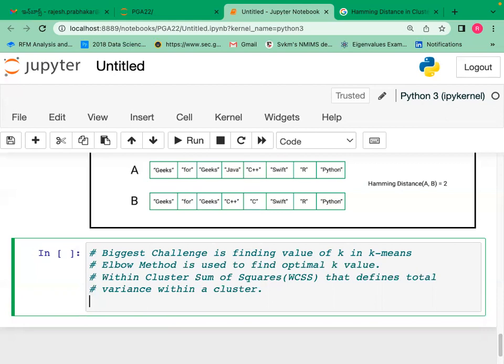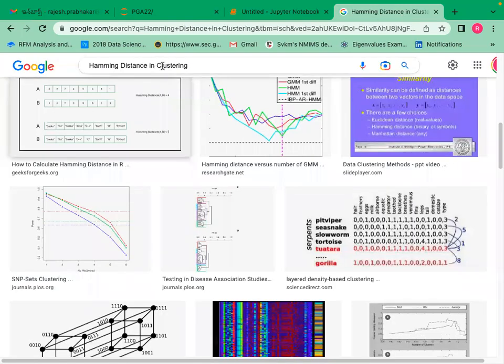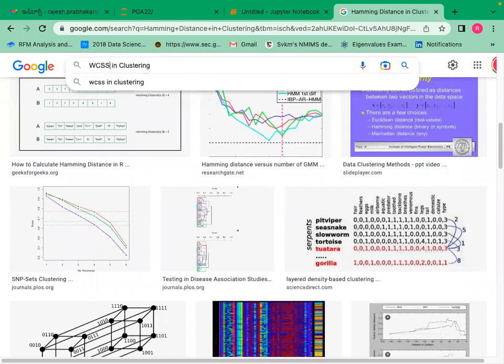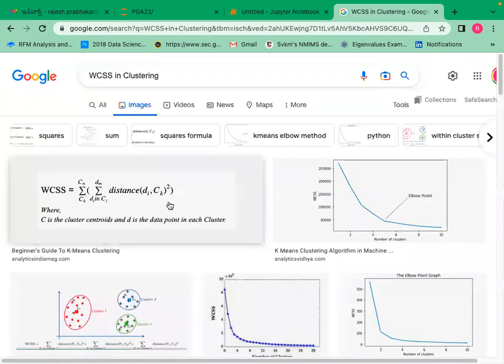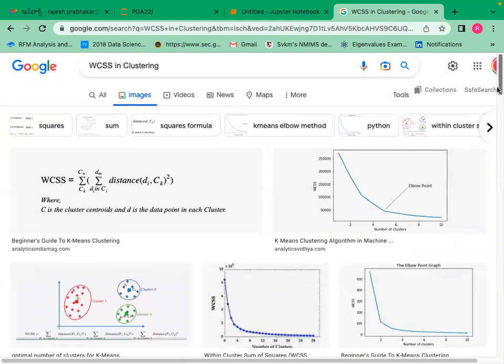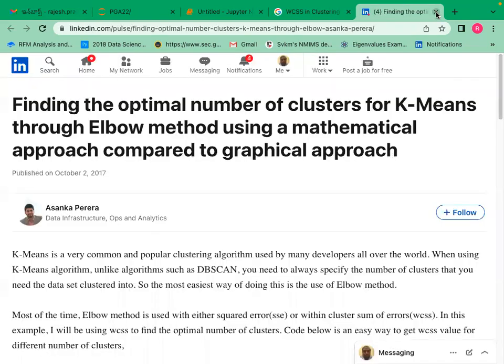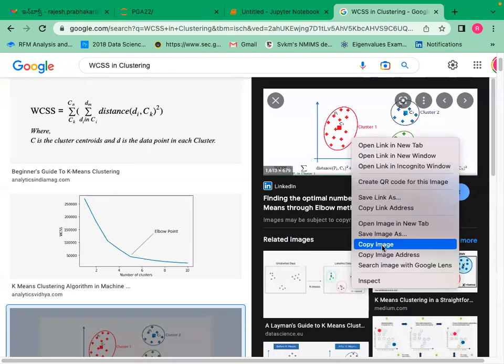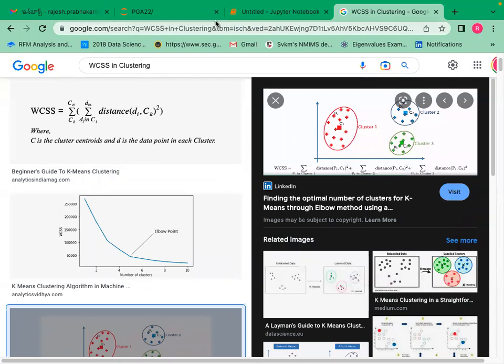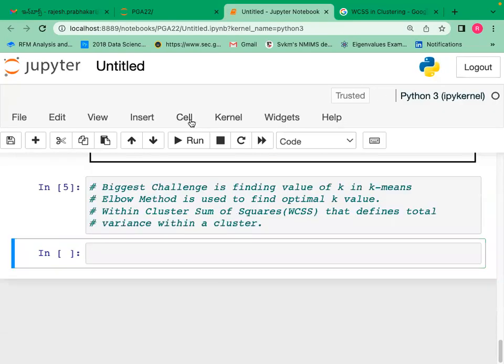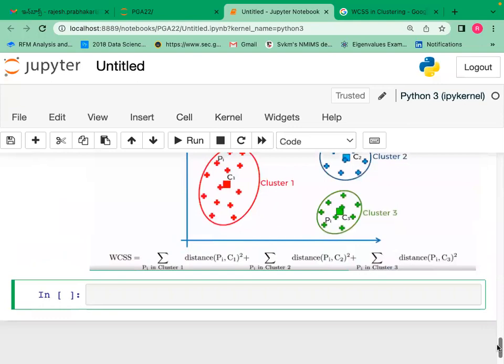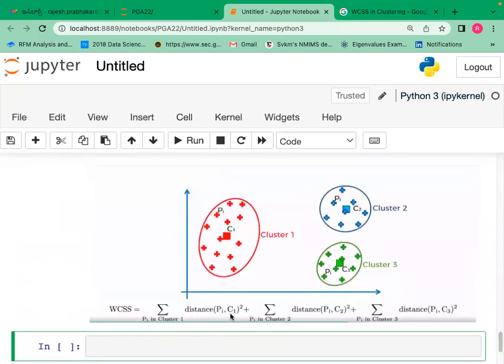So WCSS is calculated like this. If you look at the formula, WCSS is equal to sigma of distance of P_i and C1 squared, plus sigma of distance of P_i and C2 squared, and so on for each cluster.